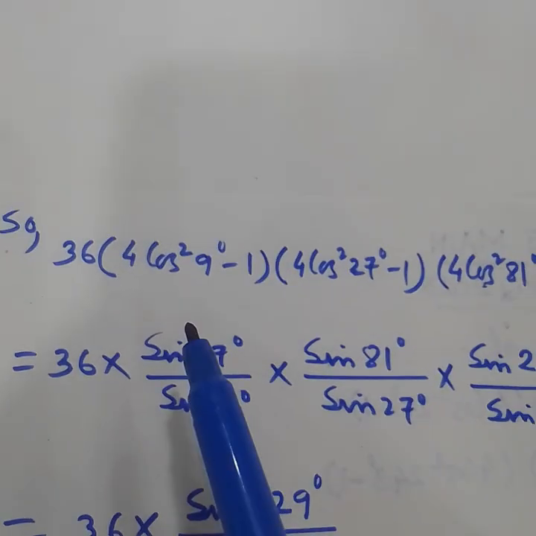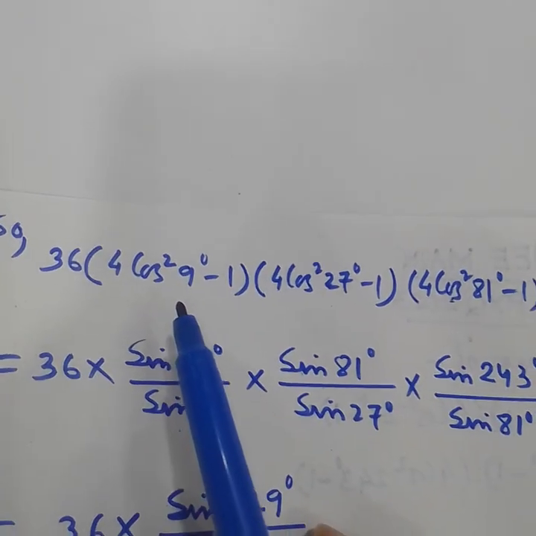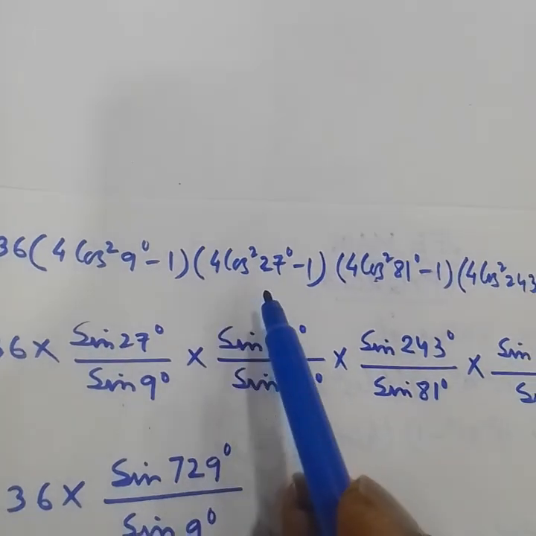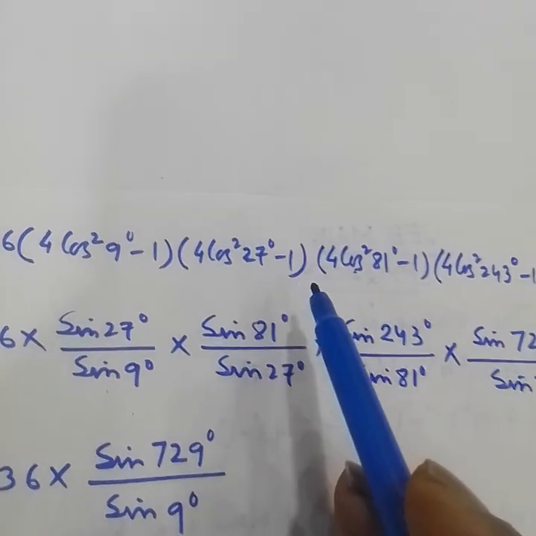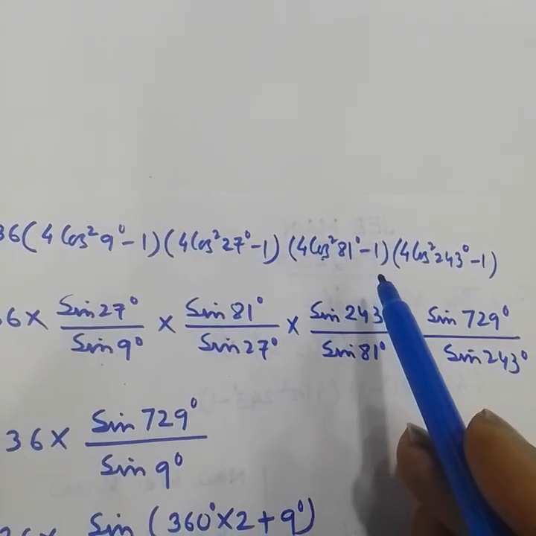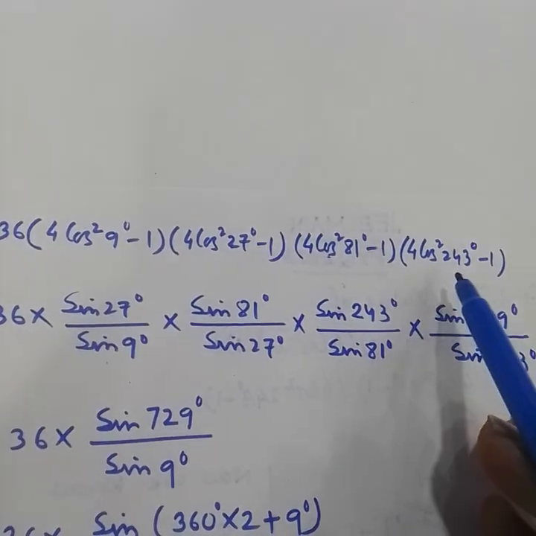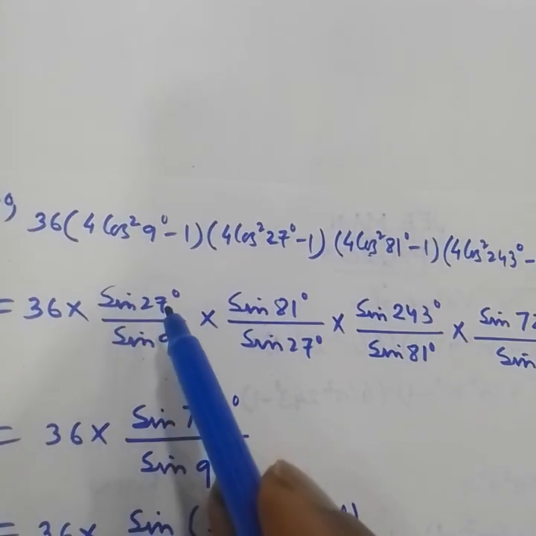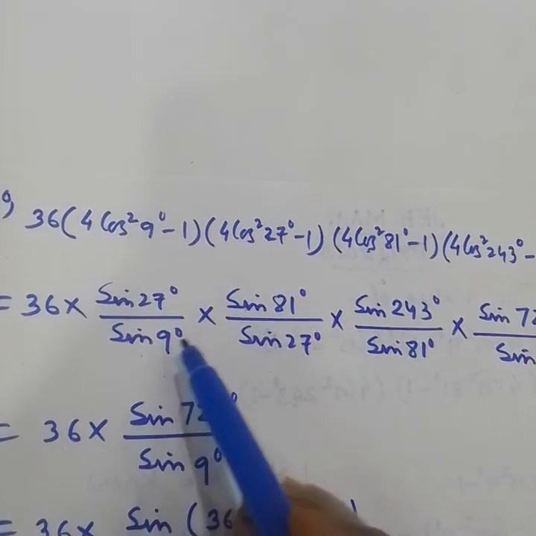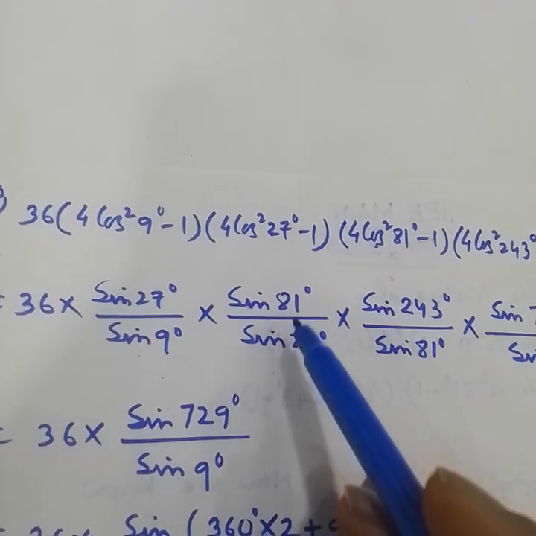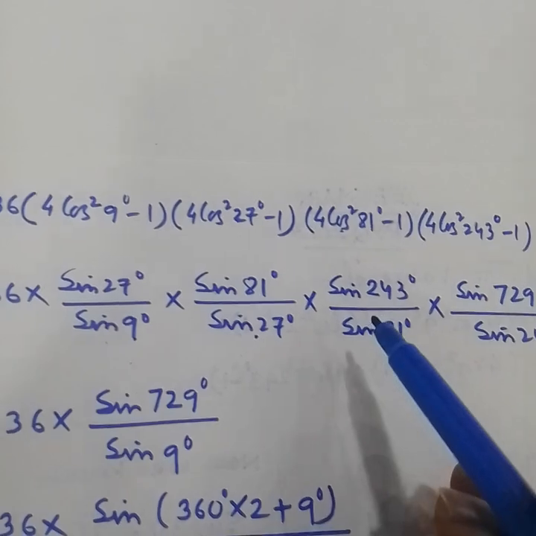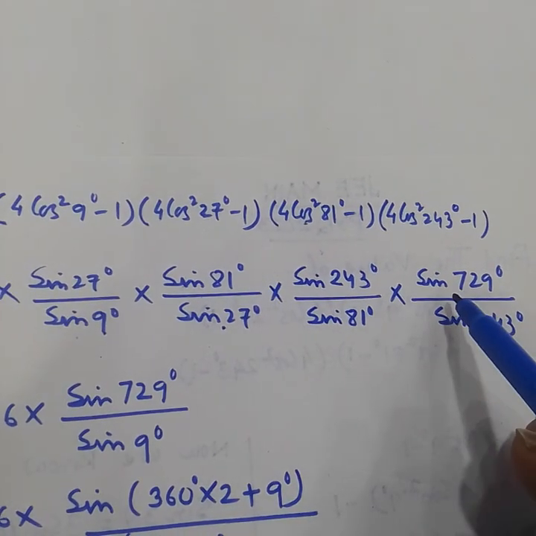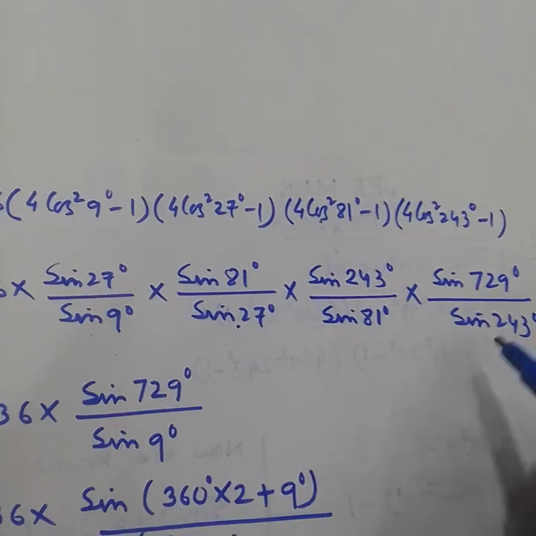Using this formula in the expression 36 into (4 cos square 9 degree minus 1)(4 cos square 27 degree minus 1)(4 cos square 81 degree minus 1)(4 cos square 243 degree minus 1), we put those values: sin 27 by sin 9 degree, sin 81 by sin 27 degree, sin 243 degree by sin 81 degree, sin 729 by sin 243 degree.